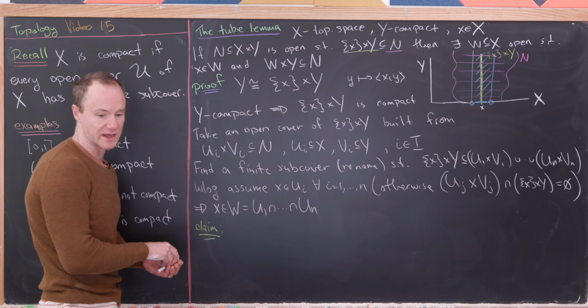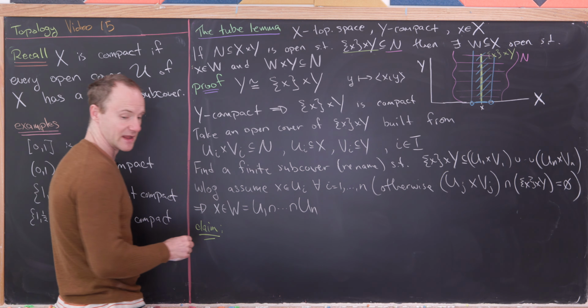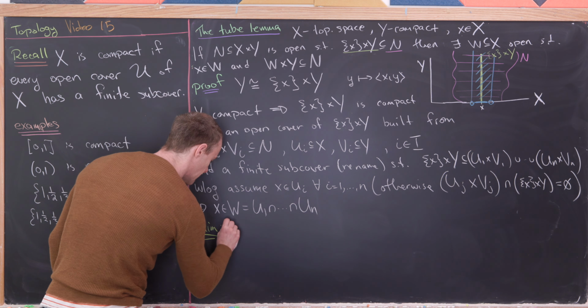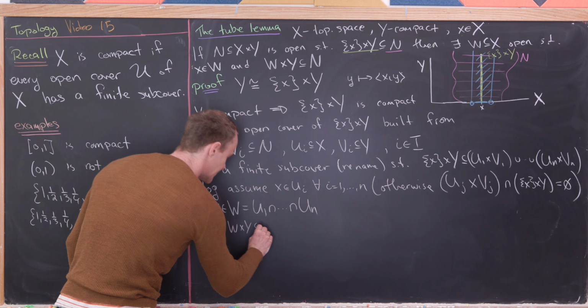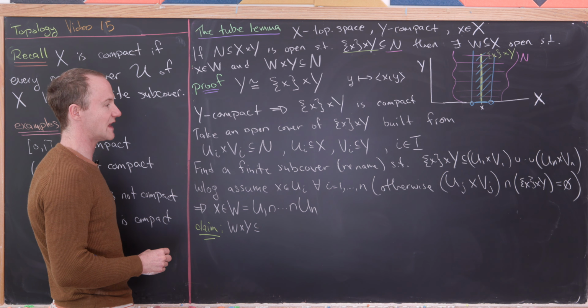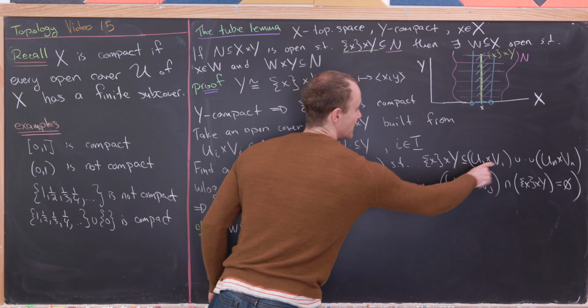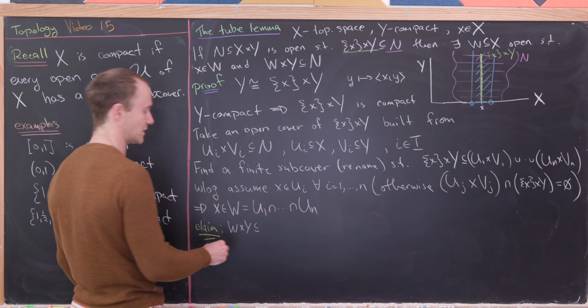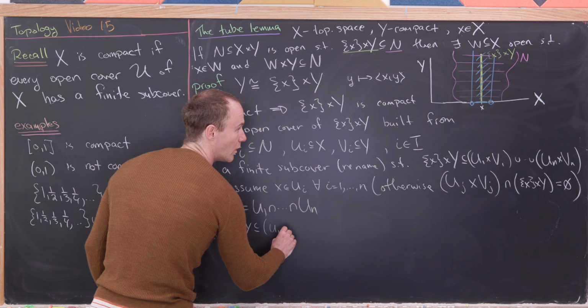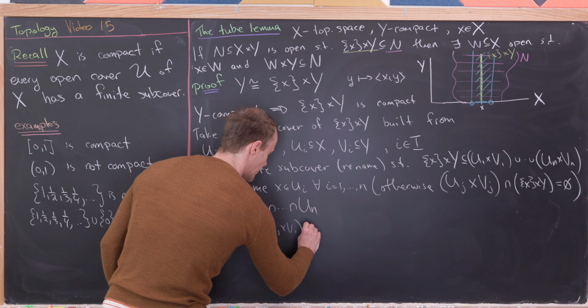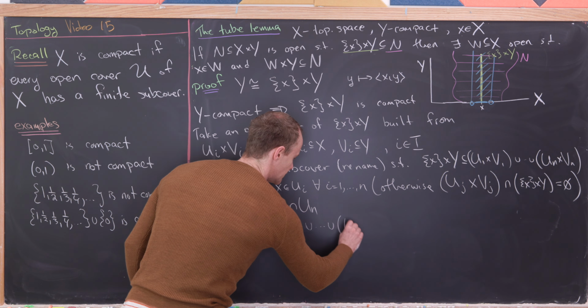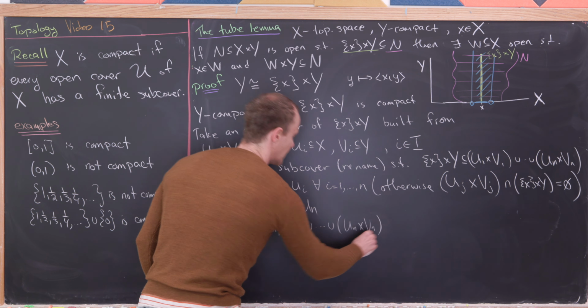We can finish that off with the following claim: W cross Y is not only a subset of N, but it's a subset of this union right here. So let's write that down: U_1 cross V_1 unioned all the way up to U_n cross V_n.